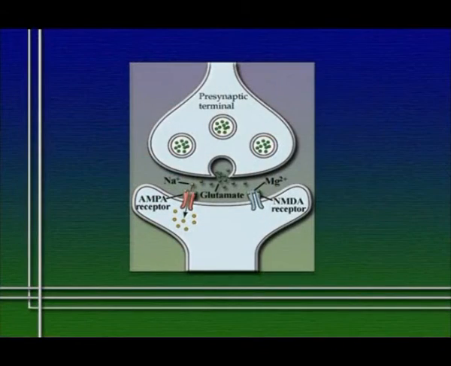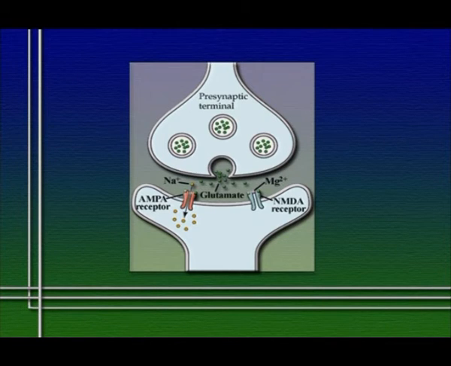Well, it turns out that synapses that show long-term potentiation have been shown to have, for glutamate, both AMPA and NMDA receptors. And the model is this. As the synapse fires, that will open the AMPA receptors. Remember, those are just responding to glutamate, allowing sodium to rush into the cell, depolarizing it, sort of like any good old excitatory synapse would.